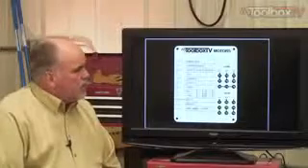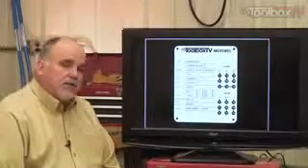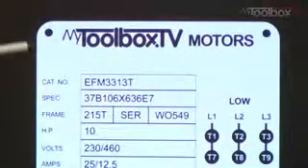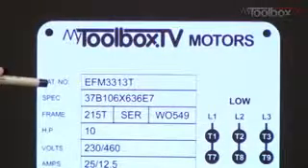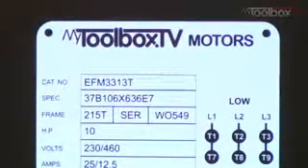Let's take a closer look at the top part of the nameplate: a catalog number, specification, and some other stuff. The first thing on this particular nameplate is the catalog number. That's a manufacturer-specific number. If you're going to reorder this, it tells you exactly what you're going to get.